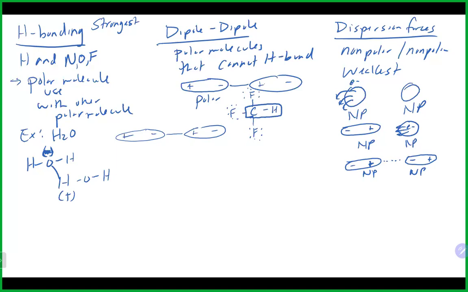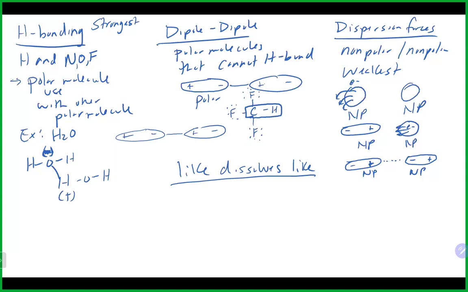So these types of interactions are really what allows things, for example, to be soluble in each other or mix with each other. And we have that idea of like dissolves like. The idea is that things that share similar intermolecular forces are going to be able to interact well with each other.